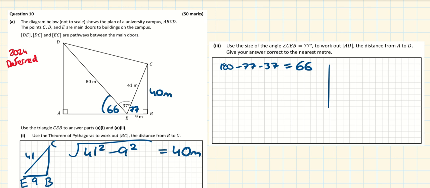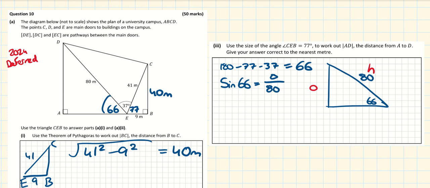Now that we've got that, we've got our triangle. Let's draw another one. It's 66 here and 80 here, and we want our opposite. So we've got an opposite and a hypotenuse. What do we do when we have an opposite and hypotenuse? You should know this by now. Sine 66 equals, we'll call it O over 80. To get rid of the 80 on the bottom, we'll times it by 80. So we'll get 80 sine 66.